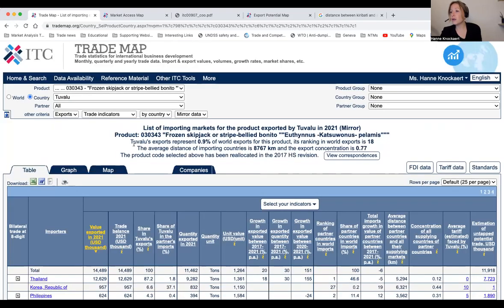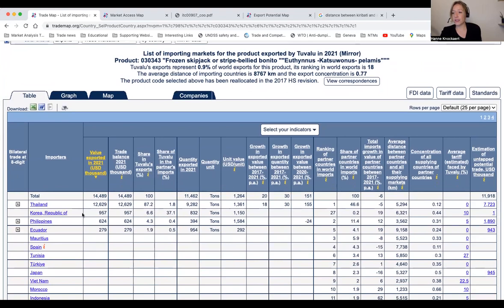If we want to look at which are the current destination markets for this product, for Tuvalu, for example, we click on Tuvalu, it's filled out here at the top automatically, and we get a list of the importers of this product. So we can see that actually Thailand is importing our skipjack and then re-exporting maybe to Australia, because Thailand is one of the largest suppliers of this fish to Australia as well.